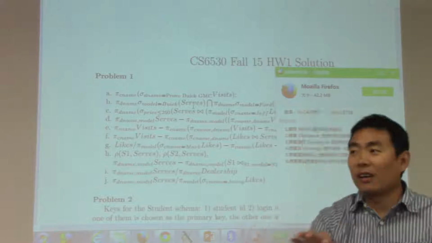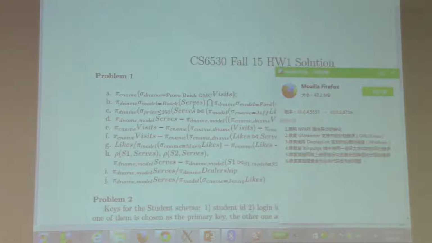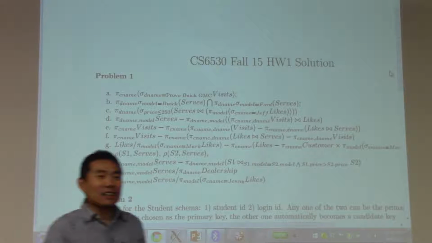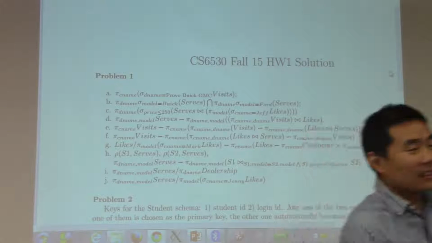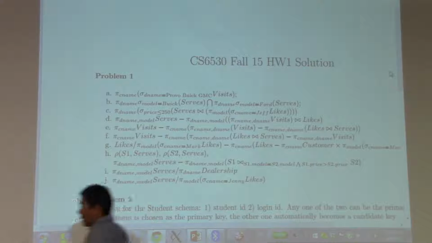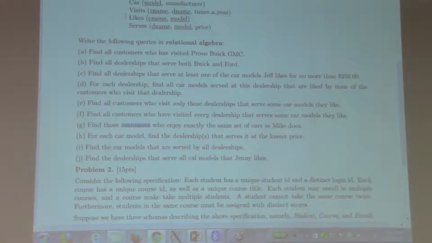So again, if you are on the market for shopping for a new car, you can ignore all the other solutions, but you do want to remember this one to find the model you like at the lowest price. The next two are division operators. I think they're fairly straightforward, so I can skip that. Okay. Any questions on this?